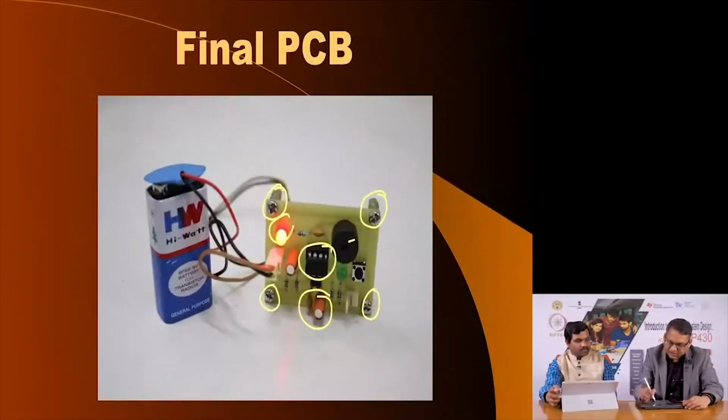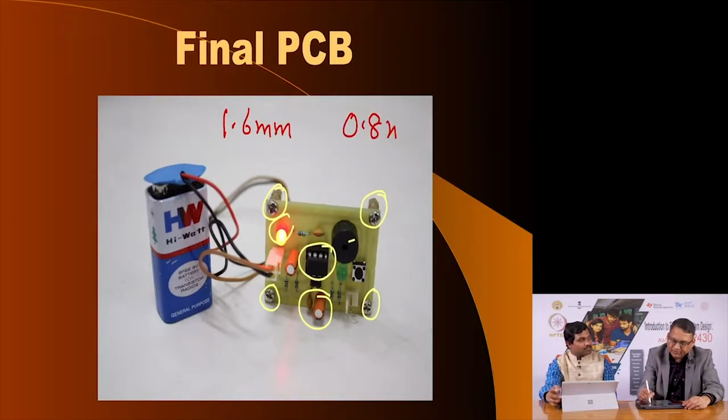This is an example of a single sided board, meaning that the copper tracks are only on one side, but using this technique, you can also create a double sided board in a lab. By the way, I forgot to mention, the thickness of a typical copper clad board that you get in the market is 1.6 mm, but you also get a 0.8 mm thick PCB.